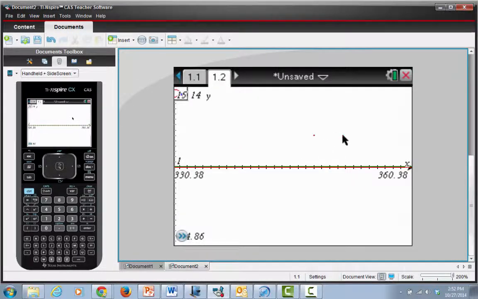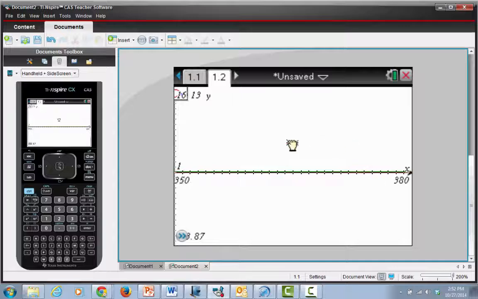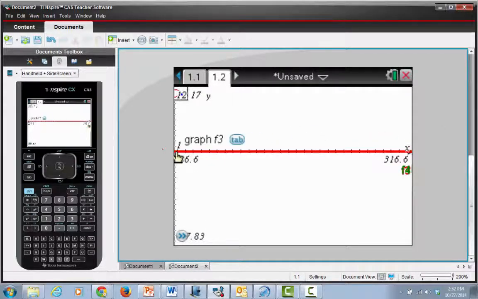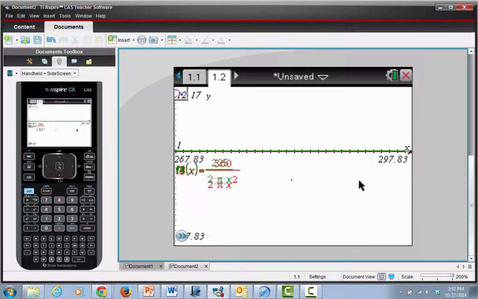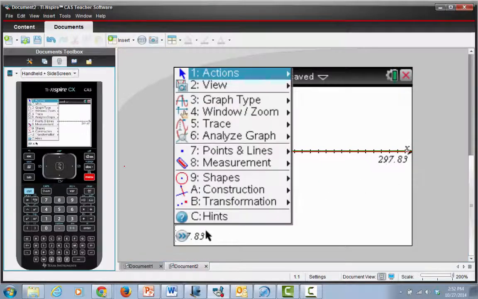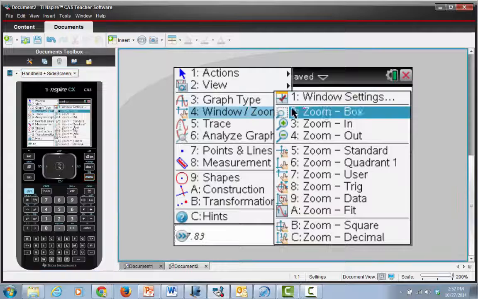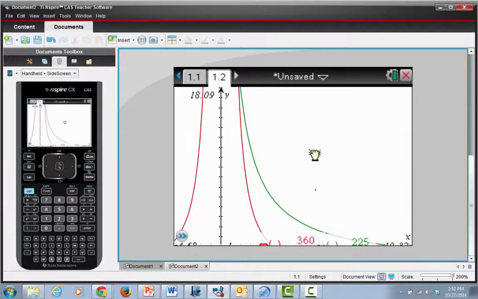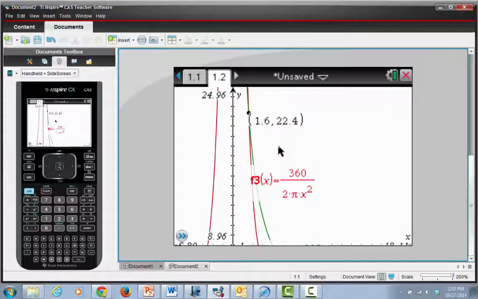So x can't be 360. So anyway, it looks like that's the only possible answer that we have, was what we just had earlier. So I'm going to go back to view, I'm going to go to window zoom, and I'm going to say quadrant 1, there we go. And there's our point. So what you're going to write down for your answer is 1.6 is your radius, and 22.4 is your height. Okay?